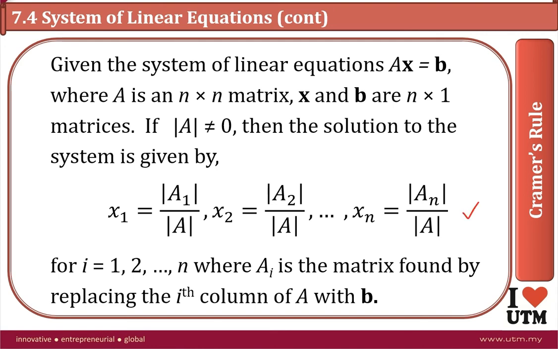To find x1, you need the determinant of A1 over determinant of A. x2 is determinant of A2 over determinant of A, and so on up to xn, which equals determinant of An divided by determinant of A, where Ai is the matrix found by replacing the ith column of A with B. This is Cramer's rule.